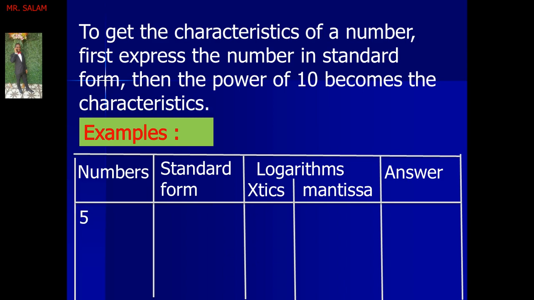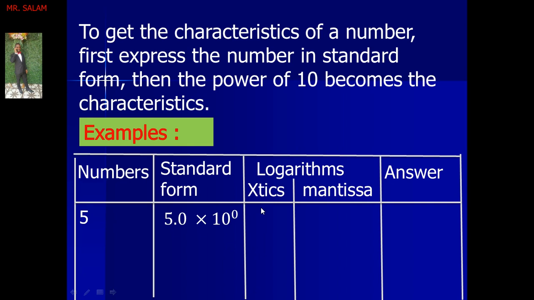So let's look at this for example. Let's look at 5. Five can be written in standard form as 5.0 times 10 raised to the power 0.